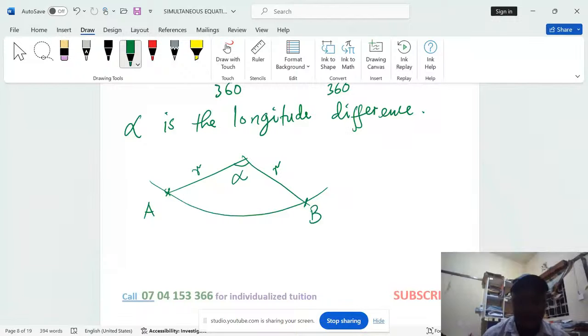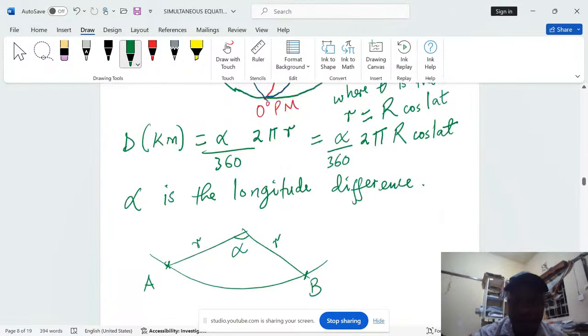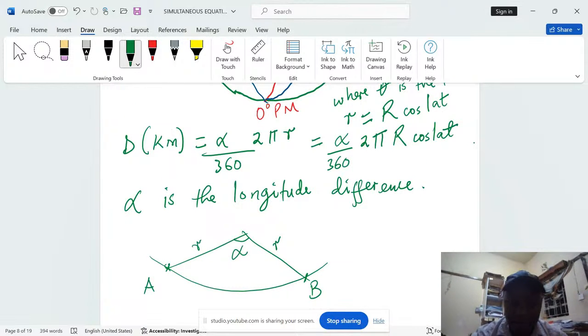The arc length will be given by alpha divided by 360 multiplied by 2 pi capital R, radius of the Earth, multiplied by cosine of the latitude where the place is lying.